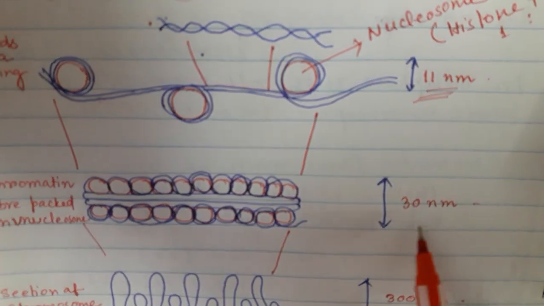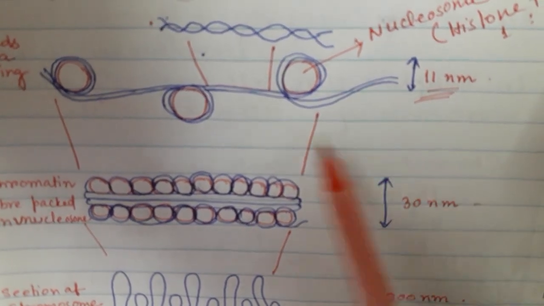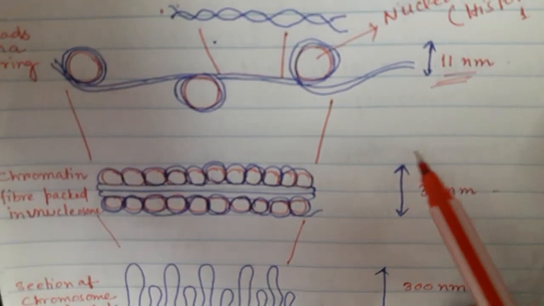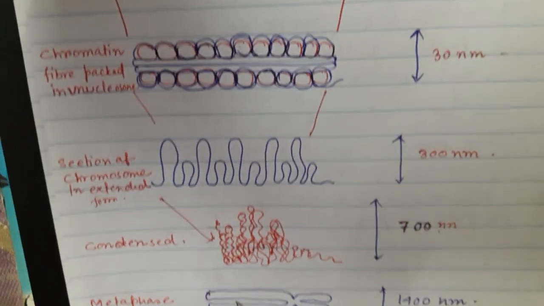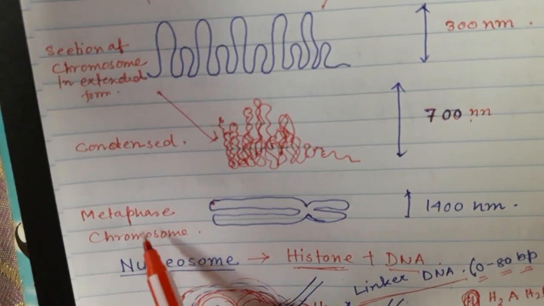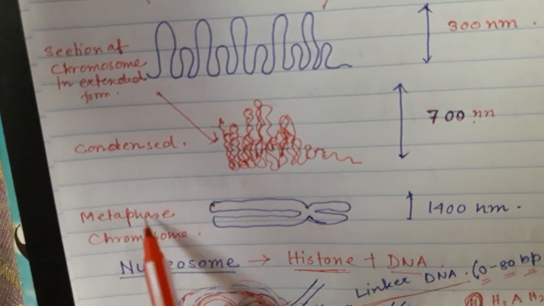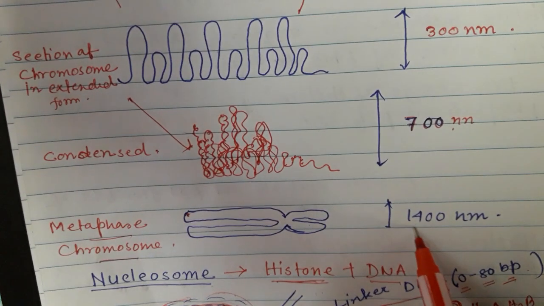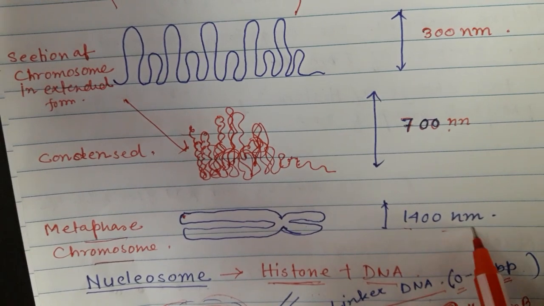When it is packaged, it coils and coils, forming a condensed structure. This is clearly seen under the microscope at the metaphase plate. This diameter is 1400 micromillimeter.